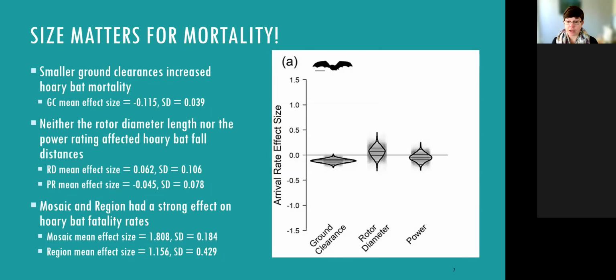It's also important to mention that the mosaic and the region where the study was located had a strong effect on hoary bat fatality rates, which is not unexpected given the variation in habitat across the country. The effect of the mosaic and region was really strong, even relative to the effect of ground clearance.